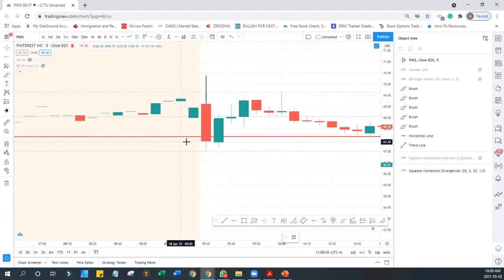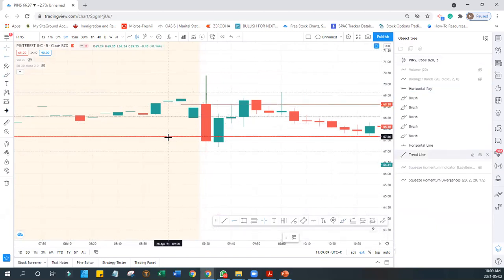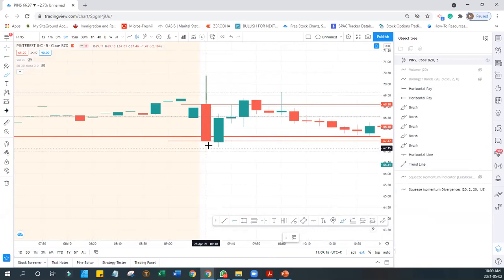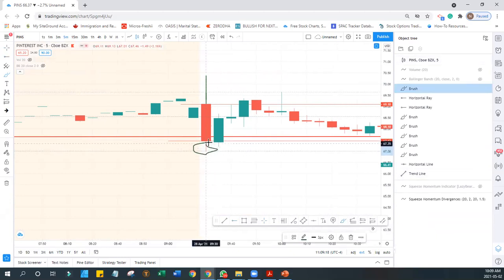It opened here, then it came here and closed. Before it closed, it made a low. But when it made a low, that means somebody is coming to buy at that point.